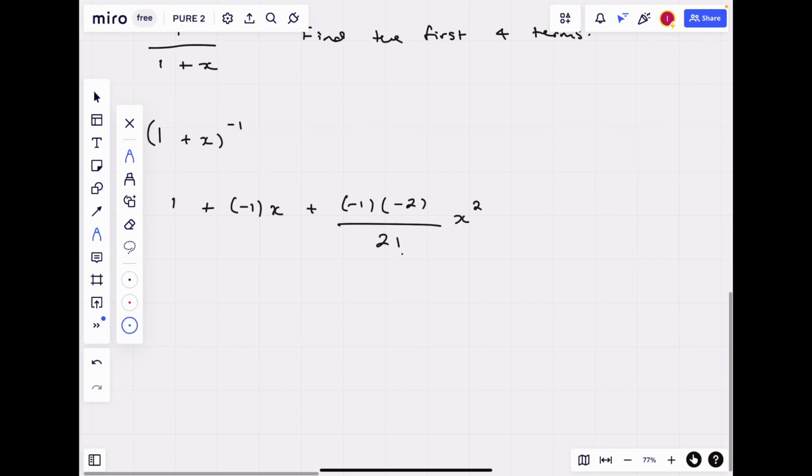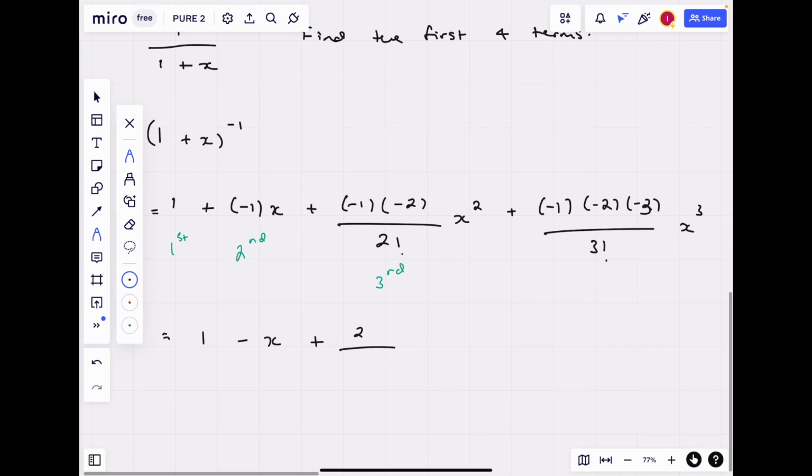So that's our first term, second, third, and now we're going to go one more. So n times n minus 1 times n minus 2, all over 3 factorial times by x cubed. Okay, so now we just simplify it. 1 minus x plus 1 times 2 is 2 over 2 factorial.